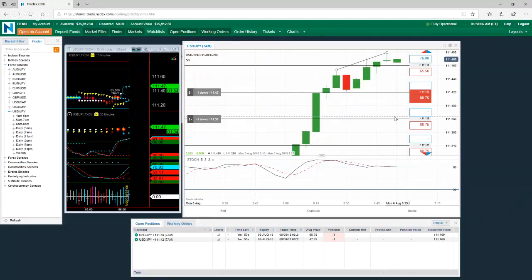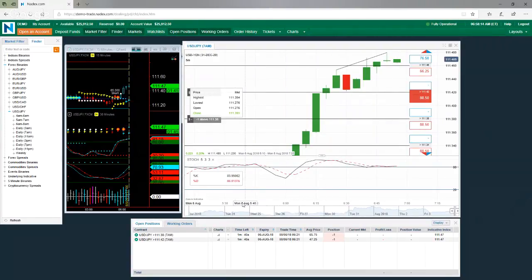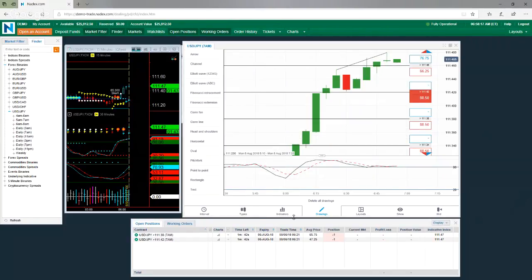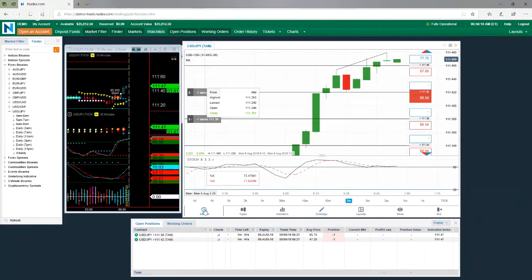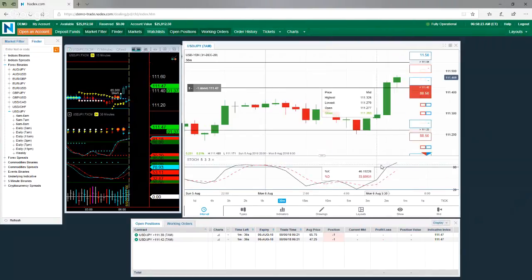This is why I like using the smoother stochastics versus this one, because although the regular stochastics showed that the market was overextended over here, you can see this one has not gone above 80.